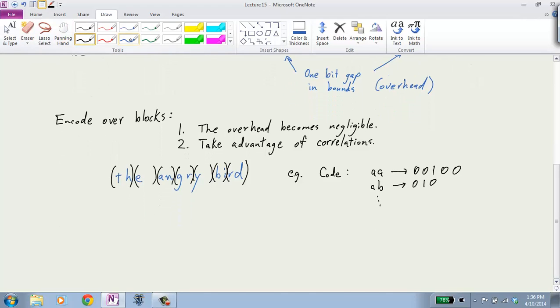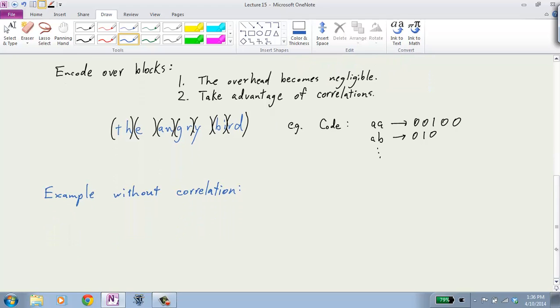So let's do an example without correlation, just so we can see how the overhead in item 1 above doesn't matter.